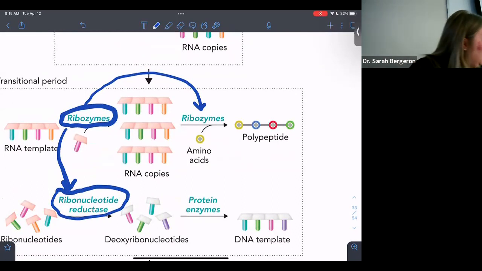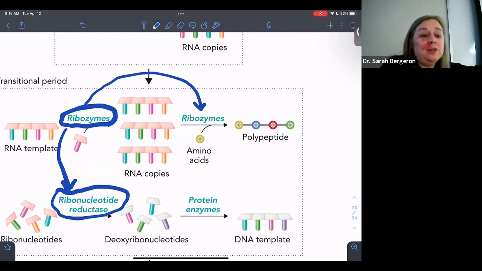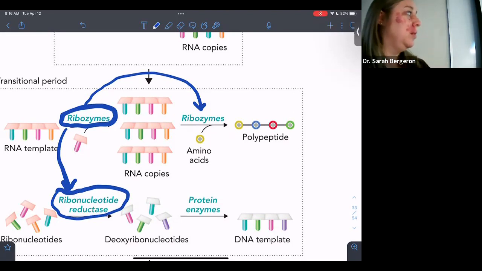So it can take RNA and turn it into DNA. No, because this is just taking the individual nucleotides, whereas that is actually doing a whole strand. So it's very two different enzymes.